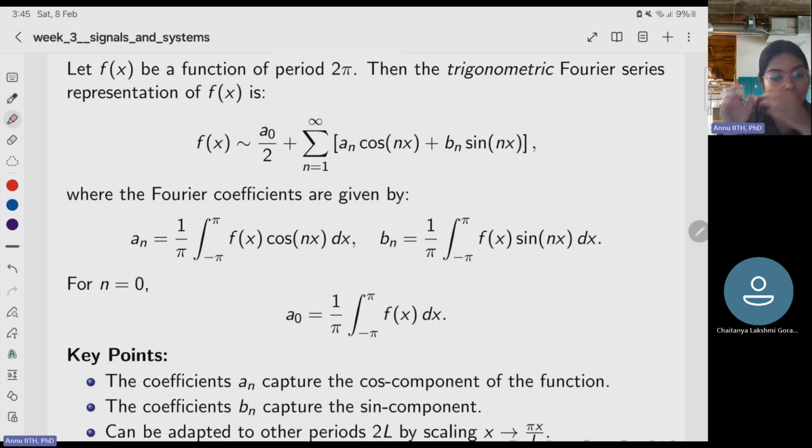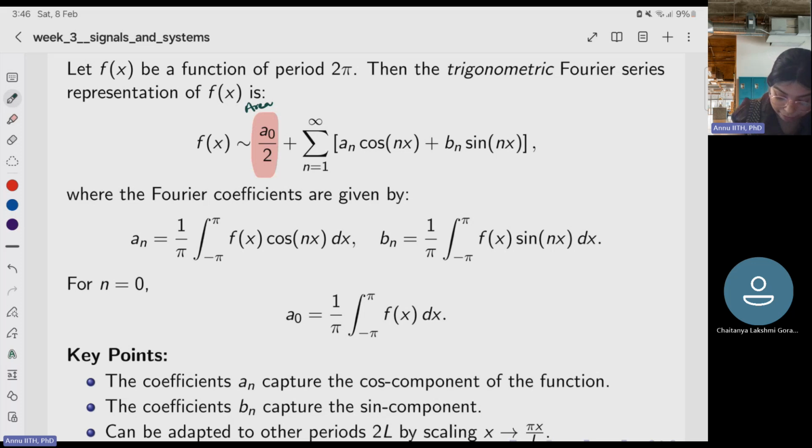a naught consists of the area. First of all, you are considering one area of the signal, so that is representing the first term. This is the area; the rest you take care of with sin or cos terms. You have to remember this particular thing. How will you remember a naught? The first thing to remember is area.